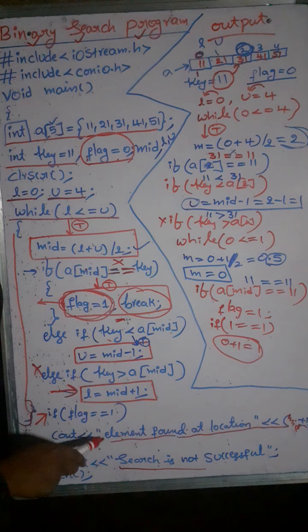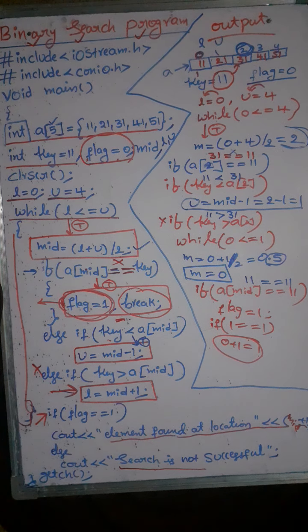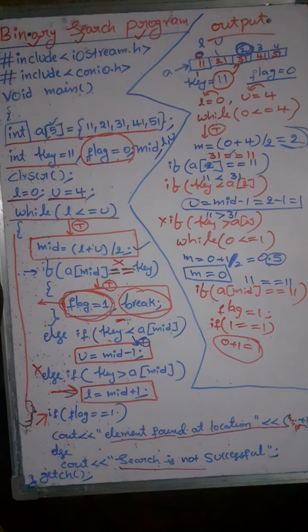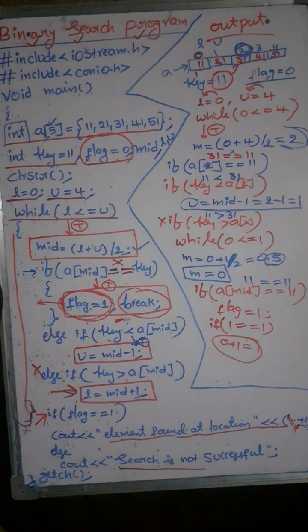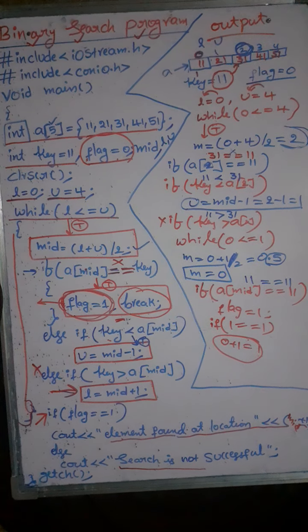If flag value is 1, the element is found. Otherwise, the search is not successful. Okay, this is about binary search and it will take less time compared to linear search. But if you want to apply the binary search method, then all the elements should be in sorted order.